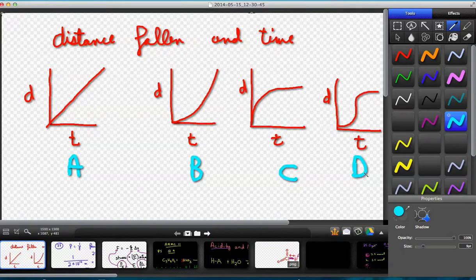Anytime I get a graphical question, I'm automatically looking to get rid of the bullshit, to condense the nonsense. Both C and D insinuate that there's some time at which the distance will no longer increase. Now think about that conceptually. That means an object is in free fall and all of a sudden it stops falling.